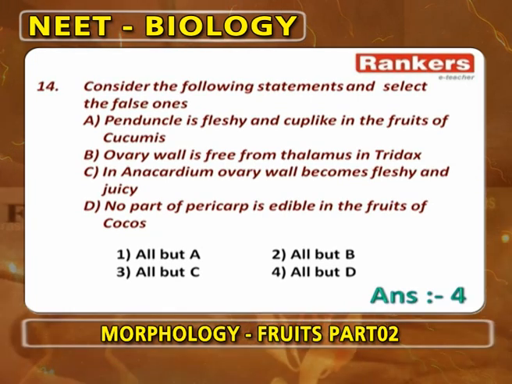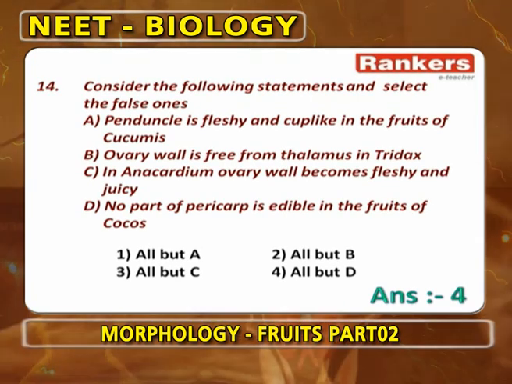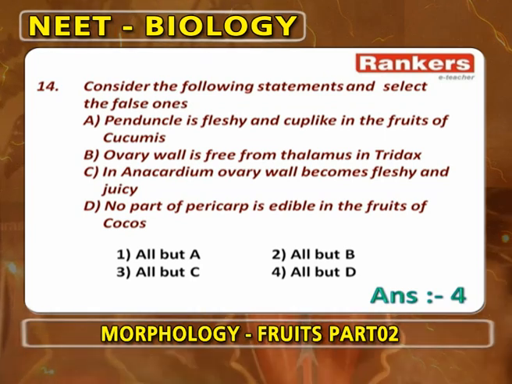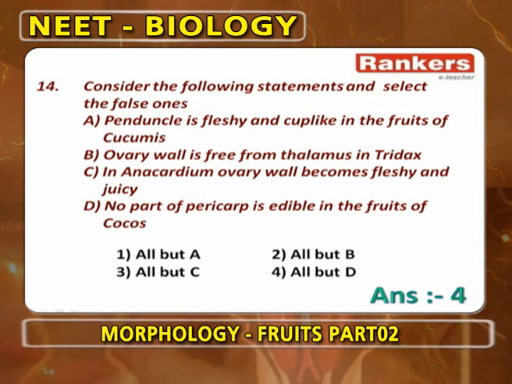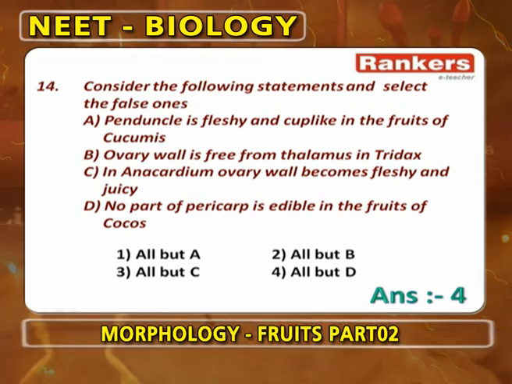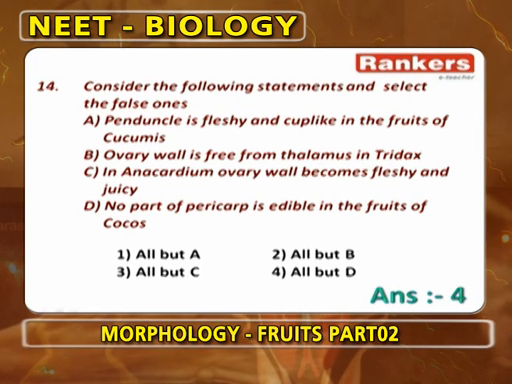Peduncle is fleshy and cup-like in Cucumis is wrong. Ovary wall is free from the thalamus in Tridax is wrong, because in Tridax the flower is epigynous. In Anacardium, "ovary wall becomes fleshy and juicy" is wrong; the pedicel becomes fleshy and juicy, which is called a false fruit. So "no part of pericarp is edible in the fruits of Cocos" is correct. So the answer is 4.